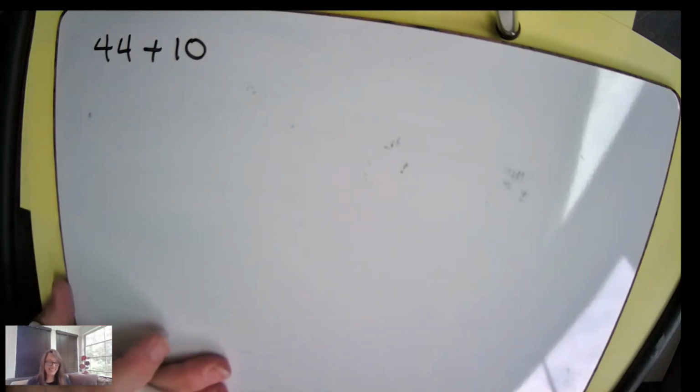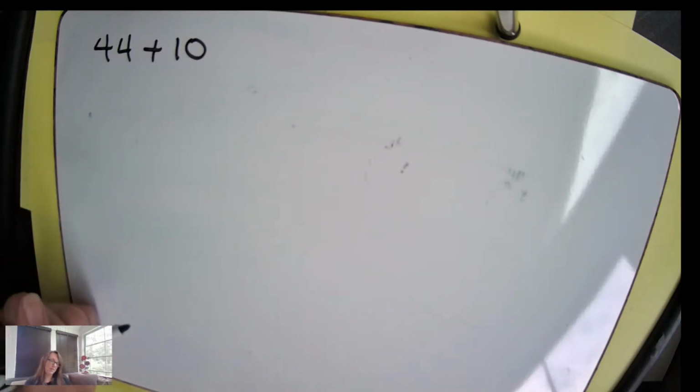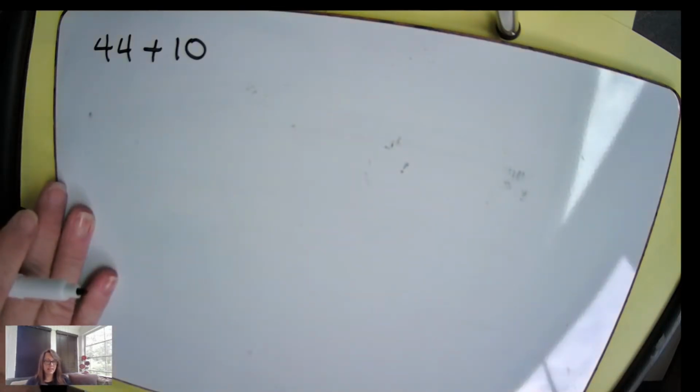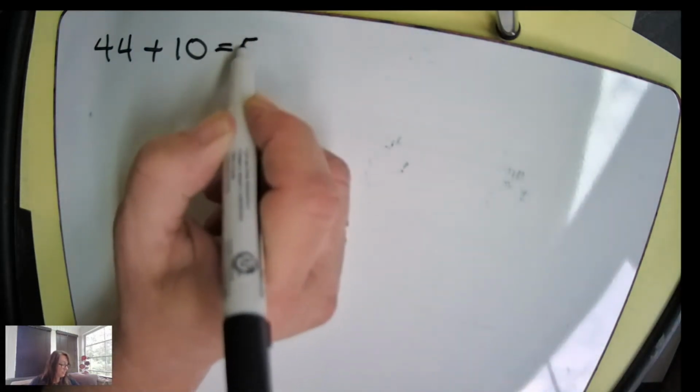Good. Madison, can you share with us, please, what you think the answer might be? Madison says that she thinks the answer to 44 plus 10 is 54. Do we agree or disagree with Madison's answer? 54. I see all of us agree that the answer is 54.